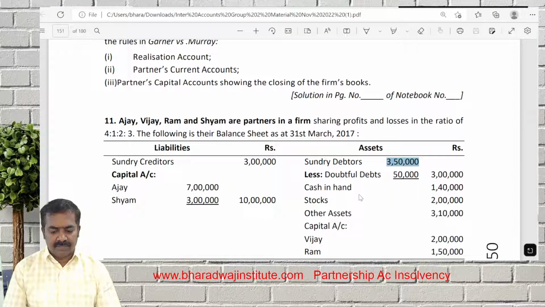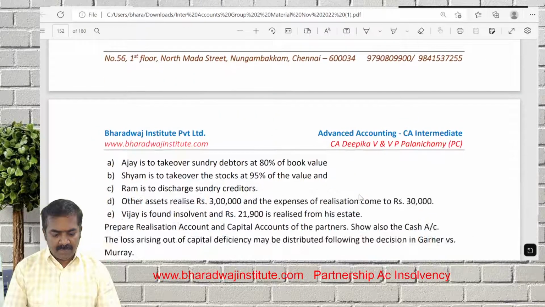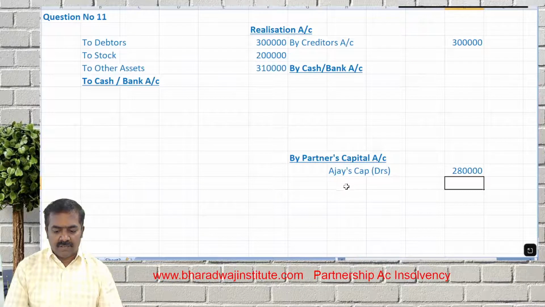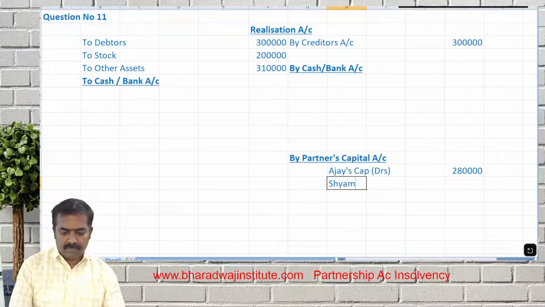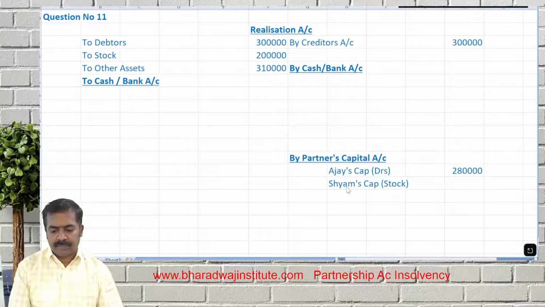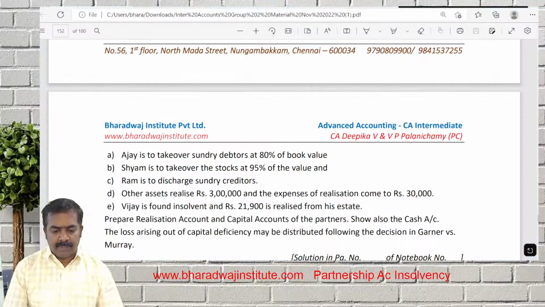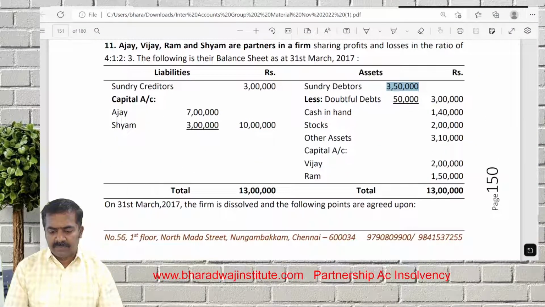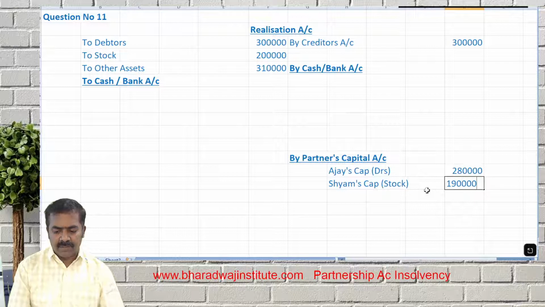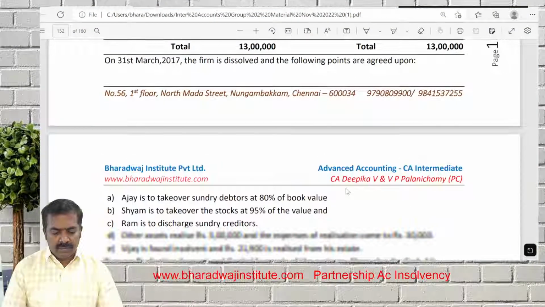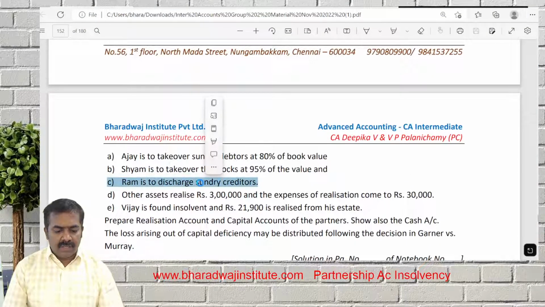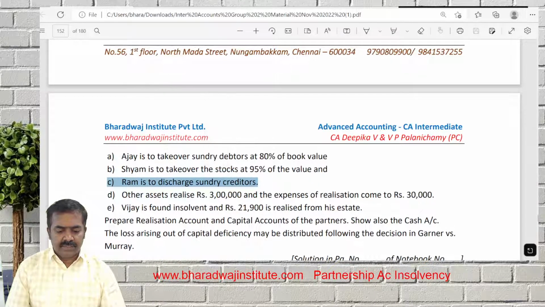Then what is the next one? Shyam took over stock. For how much? 95% of the book value. What is the value? 1,90,000. Then what is the next one? Ram will discharge which one? Sundry creditors.